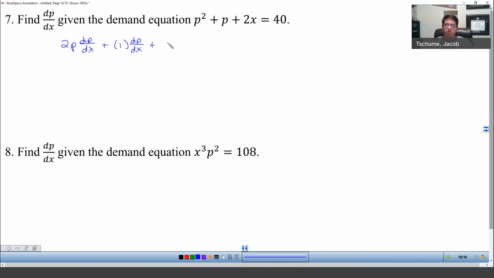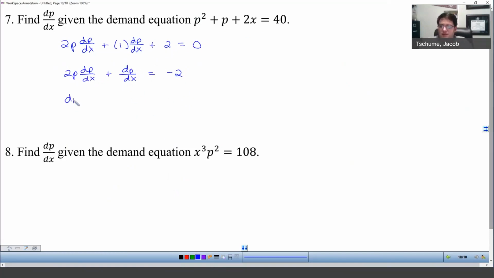The derivative of 2x is 2, equals the derivative of 40, which is 0. Cleaning this up, you should have 2p dp/dx plus dp/dx. Now this lonely 2 right here, I'm going to go ahead and move it over and make it a -2 because I need it to be by itself.